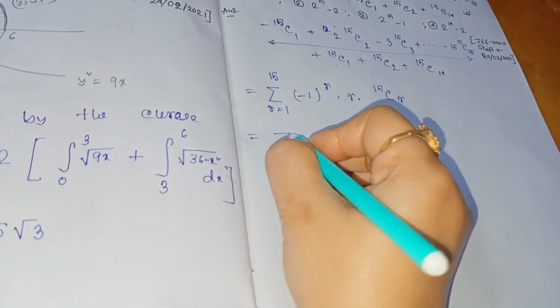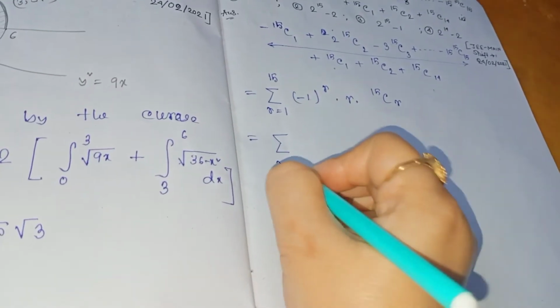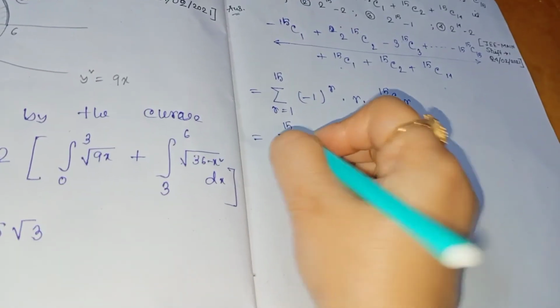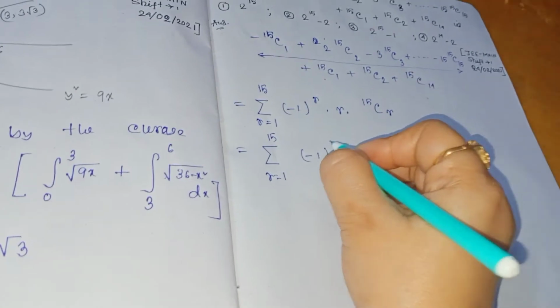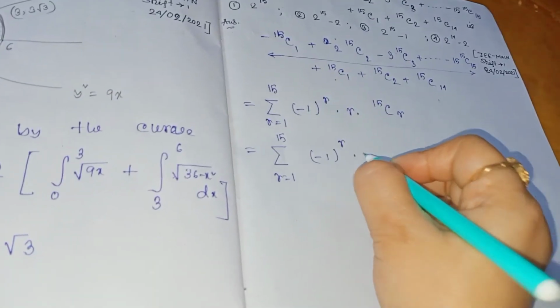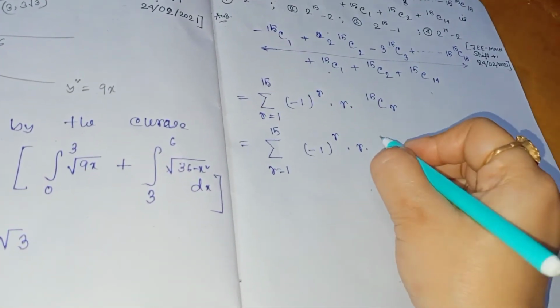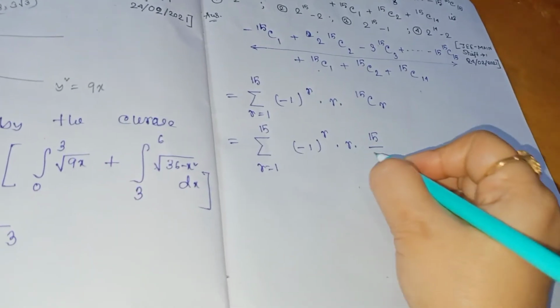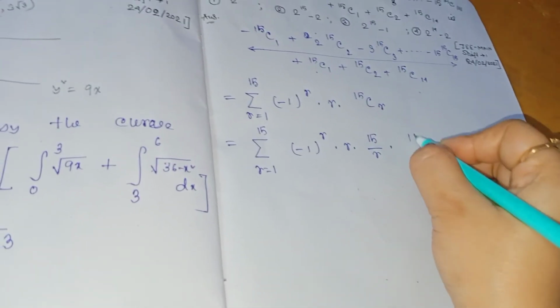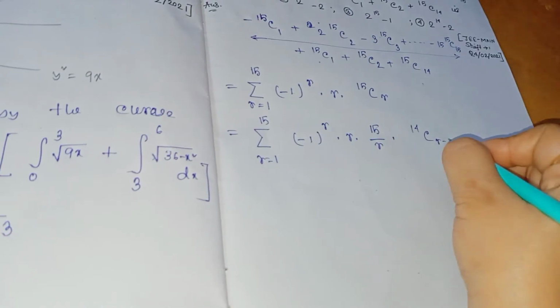Solving this we get 15 by r into 14 C r minus 1.